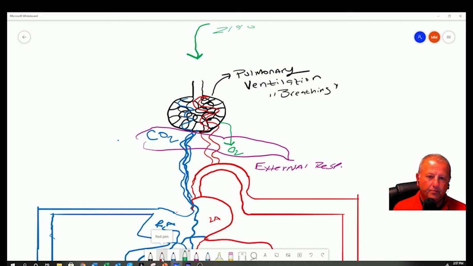We are bringing in oxygen, simple breathing. Now here, we've made that gas exchange. Now it's going to be called external respiration.